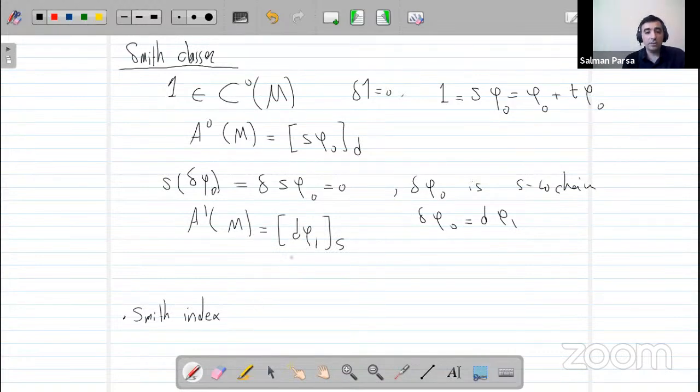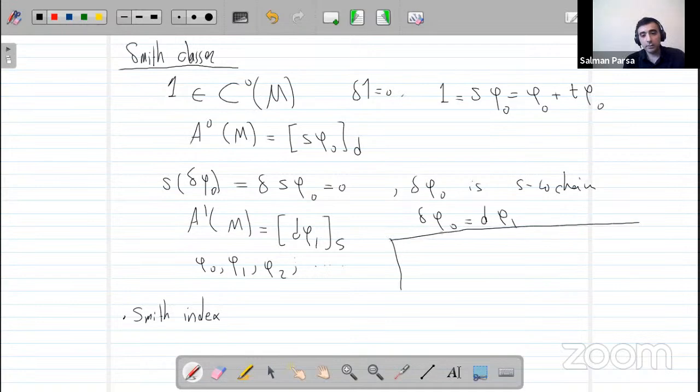And we can continue like this, and we obtain a sequence of these cochains, with the following property.